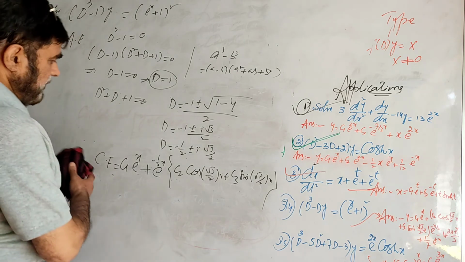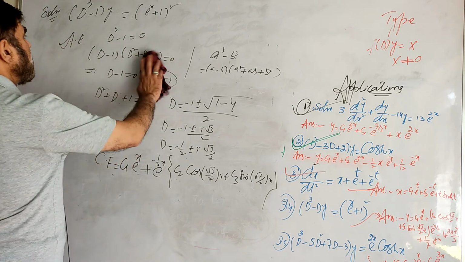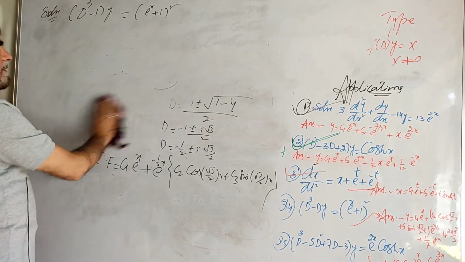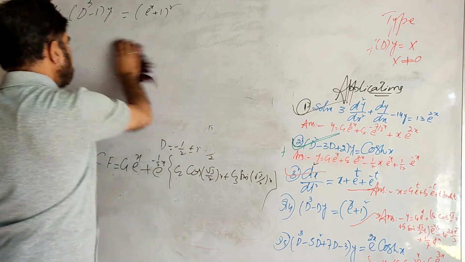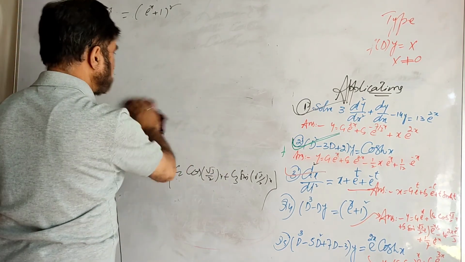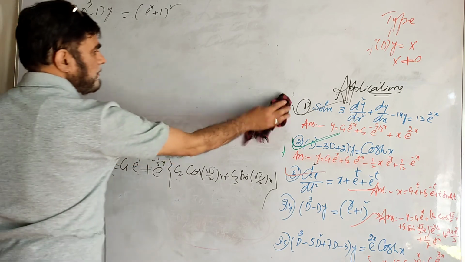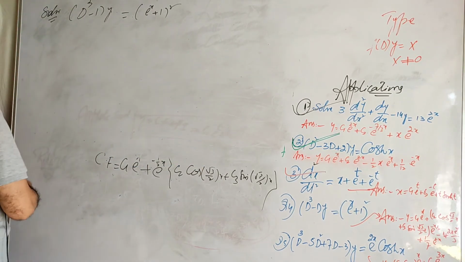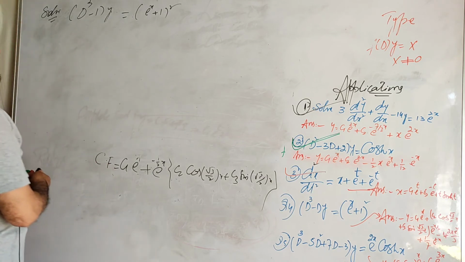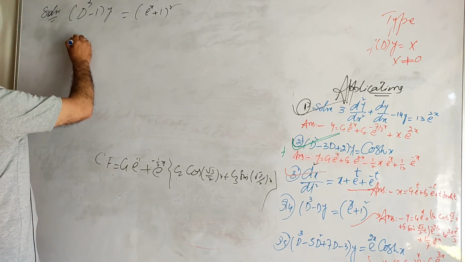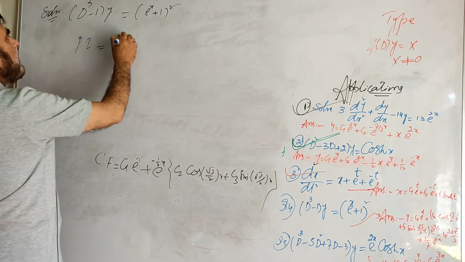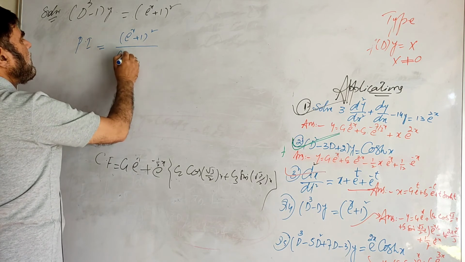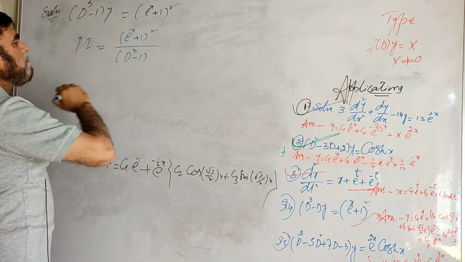Then we have particular integral. Let us find out the particular integral for this. Now particular integral is given by e raised power x plus 1 square by d cube minus 1.